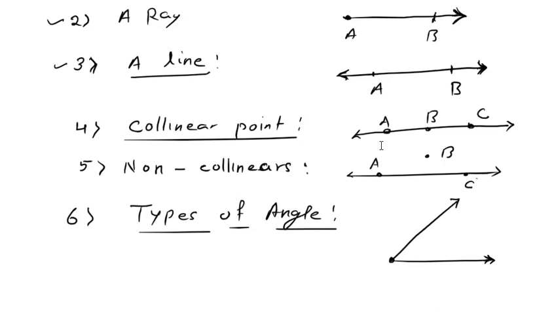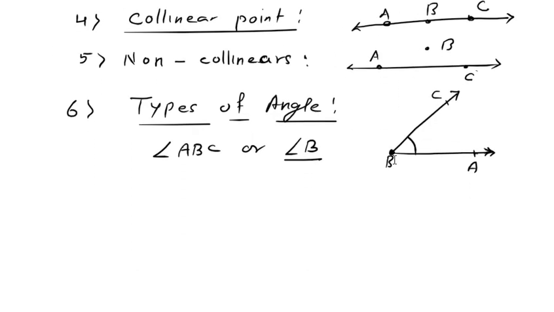So this is angle ABC. We can write this as angle ABC, or simply angle B. At this common end point we describe an angle. When I say ABC, I am talking about this angle.